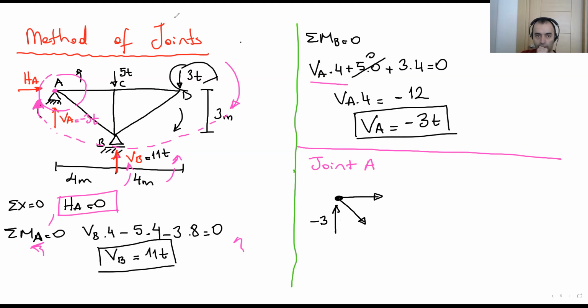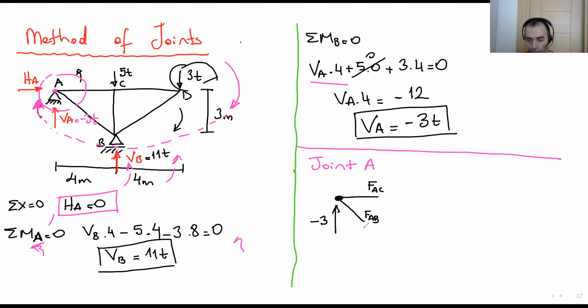Okay, by the way, go back. Okay, what we have here, let's say this member is the AC member, F AC, I write. And here, this is FAB. Now, I take the joint out.